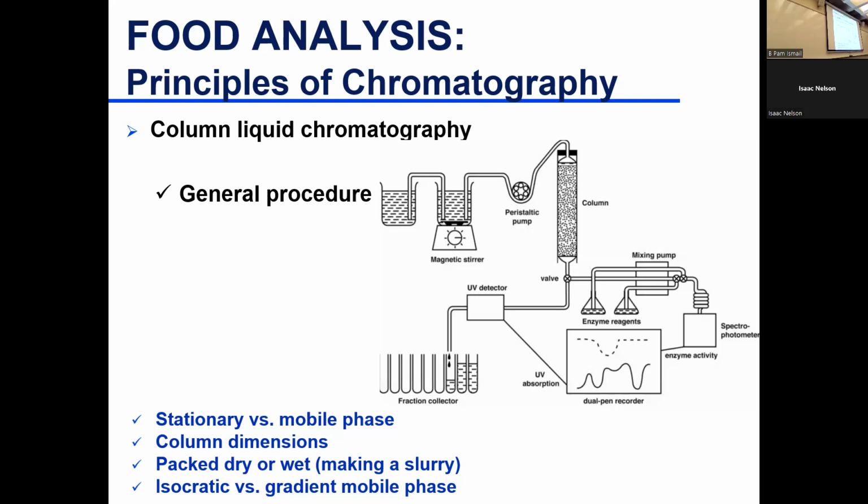Let's say you have different proteins, and you have a digestive enzyme for the protein. It will digest them differently. The proteins will be different substrates. So then you will get activity for each individual protein you're separating. So that's an example.